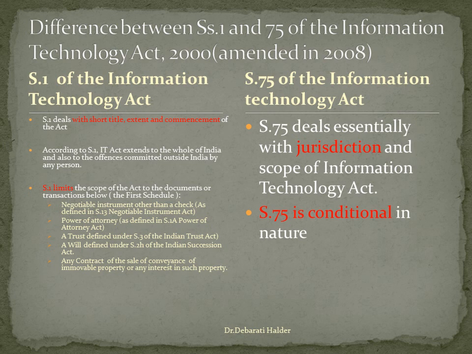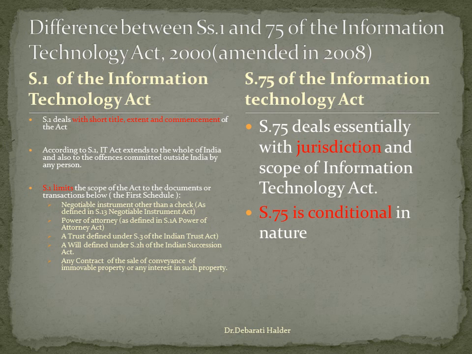According to Section 1, the IT Act extends to the whole of India and also to offences committed outside India by any person. Section 75 is conditional in nature, whereby it says that it can be applied when the computer, computer system, etc., which is targeted, is located in India.